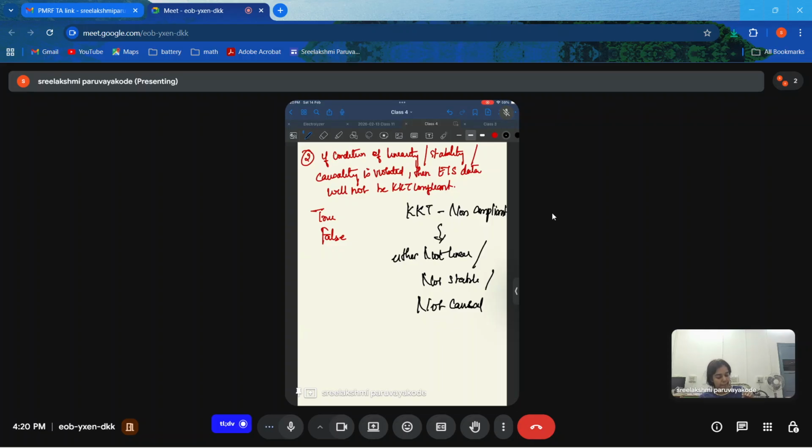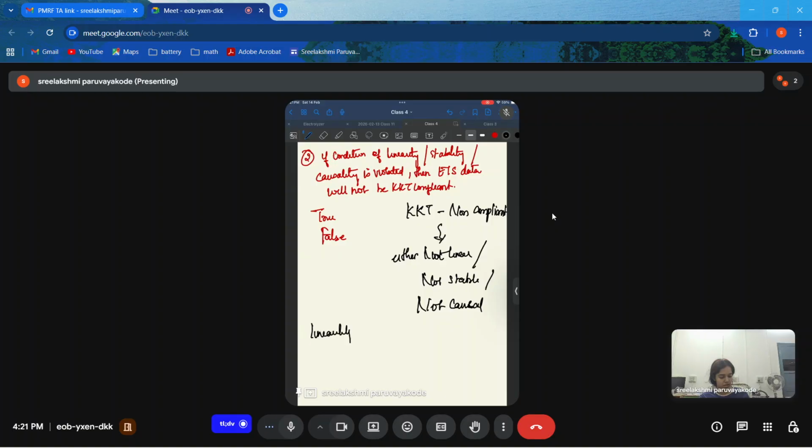If the system says it's not KKT compliant, then we can be sure that one of them is surely possible. But if the condition of linearity, stability, or causality is violated, then it may or may not be KKT compliant. Why? The vice versa is not applicable.